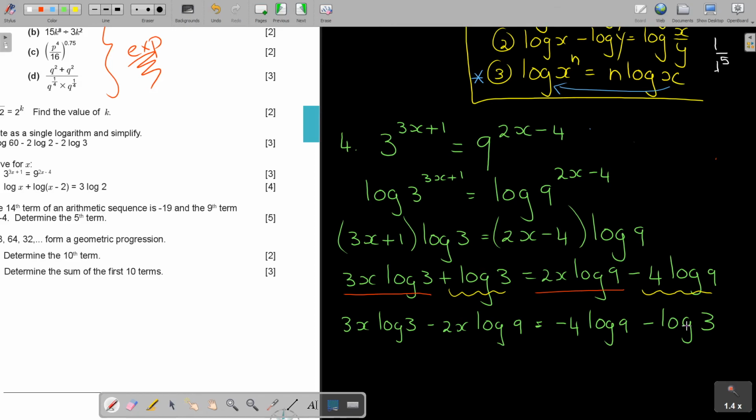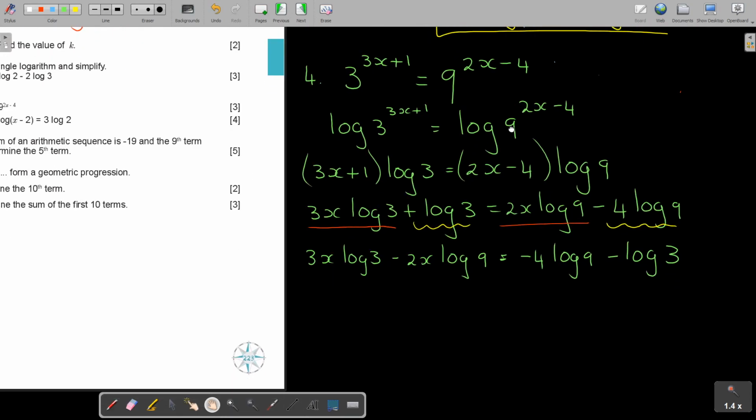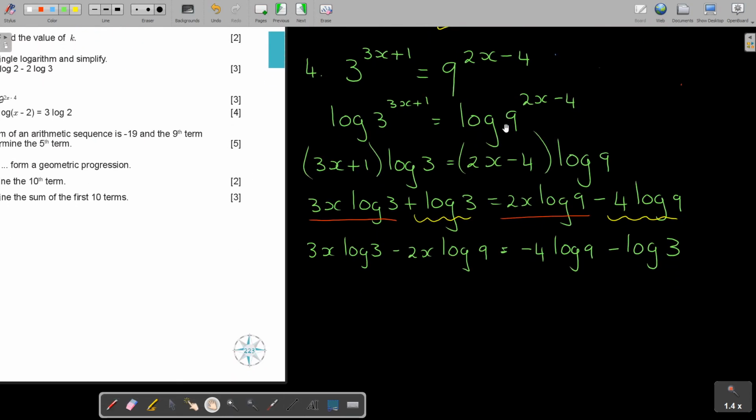Okay, then I'm just going to see what can I do here. Let's just take this up. I think it would have been easier with the other method. Okay, but it's all right. I'm just going to take x out. So I'm going to get 3 log 3, and maybe I'm going to do the other method and show you that it's easier, minus 2 log 9 is equal to, and this I can actually just work out on a calculator.